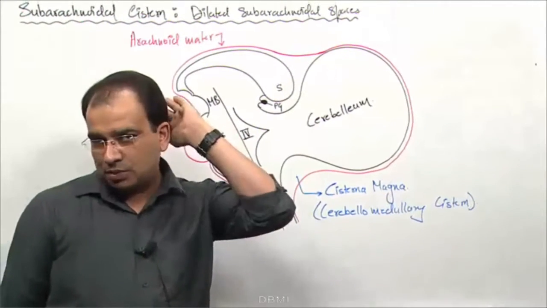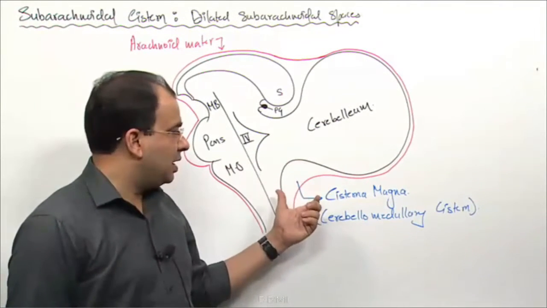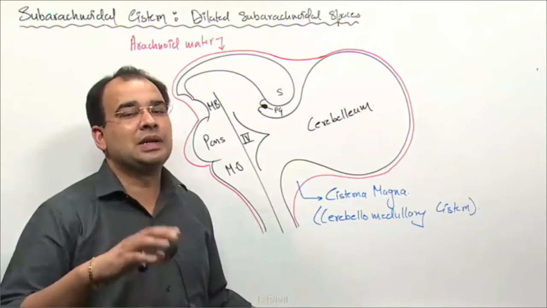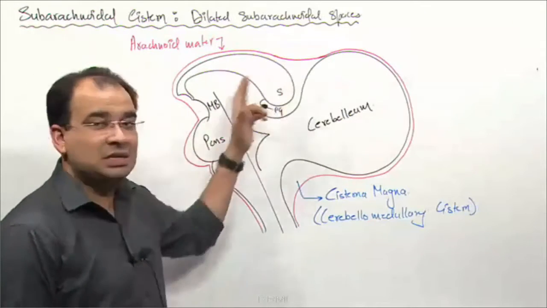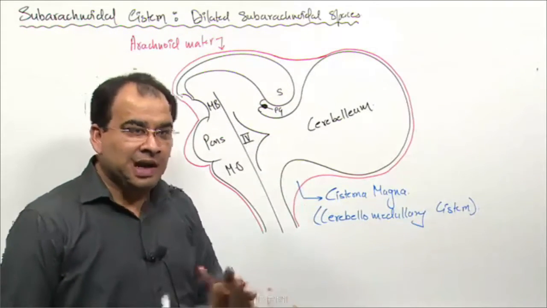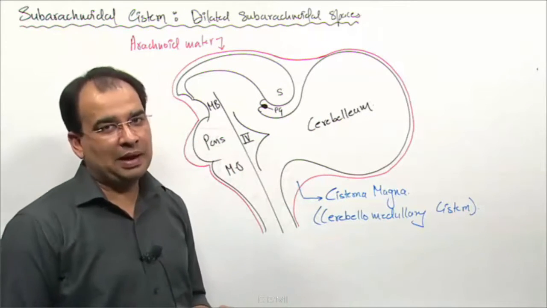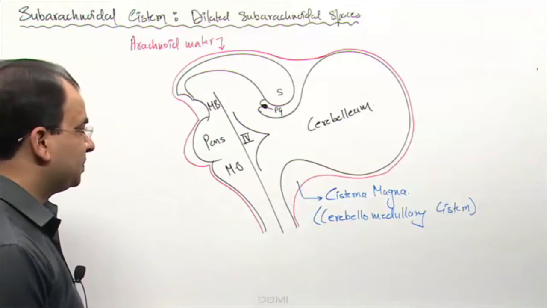And secondly, the cisterna magna is the largest cistern and there is no blood vessel present inside. We do have important blood vessels related to other cisterns. This is the cistern which only has CSF, the largest cistern, and easily approachable from the foramen magnum. So cisterna magna is therefore used for the cisternal puncture.